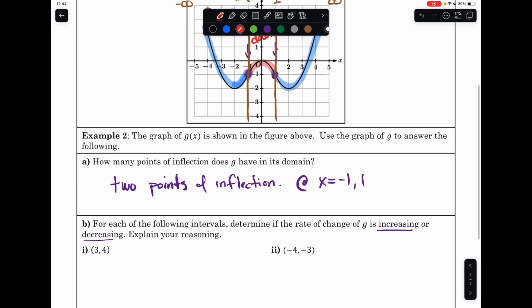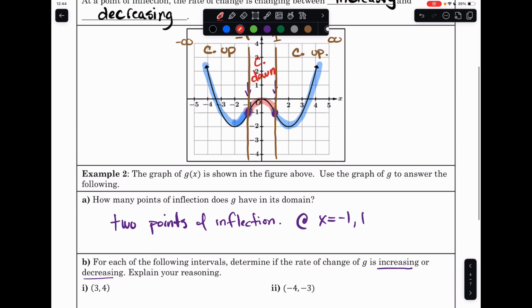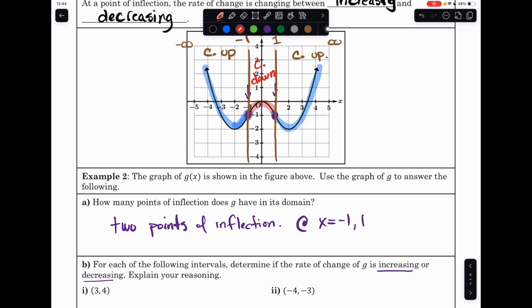So what's happening to the rate of change from +3 to 4? So the x value of 3 to 4. Well, it's in the interval where the graph is concaving up.